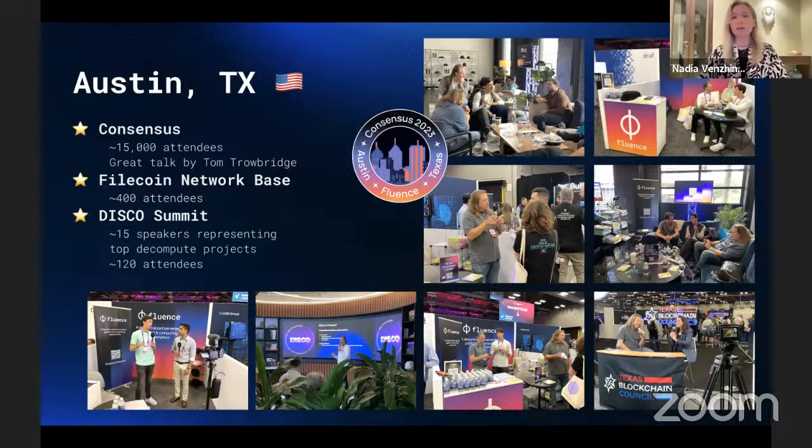We had a lot of activities there, and the Filecoin network base was pretty huge there. We also participated in Disco Summit about decentralized compute together with 15 different projects and speakers. You can find the talk of Tom Trowbridge speaking about Fluence on our YouTube channel, and it's important.